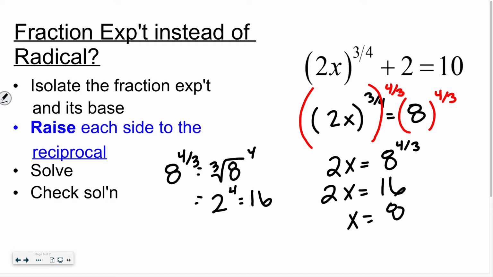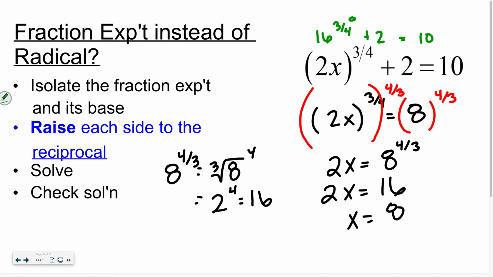How do I know if I'm right? Just plug it back in, right? So we can do a check here. I'm going to put my check up at the top. 2 times 8 is 16 to the 3/4, and then plus 2 equals 10. This is asking me to do the 4th root of 16, which I would assume the positive, 2. 2 cubed is 8.